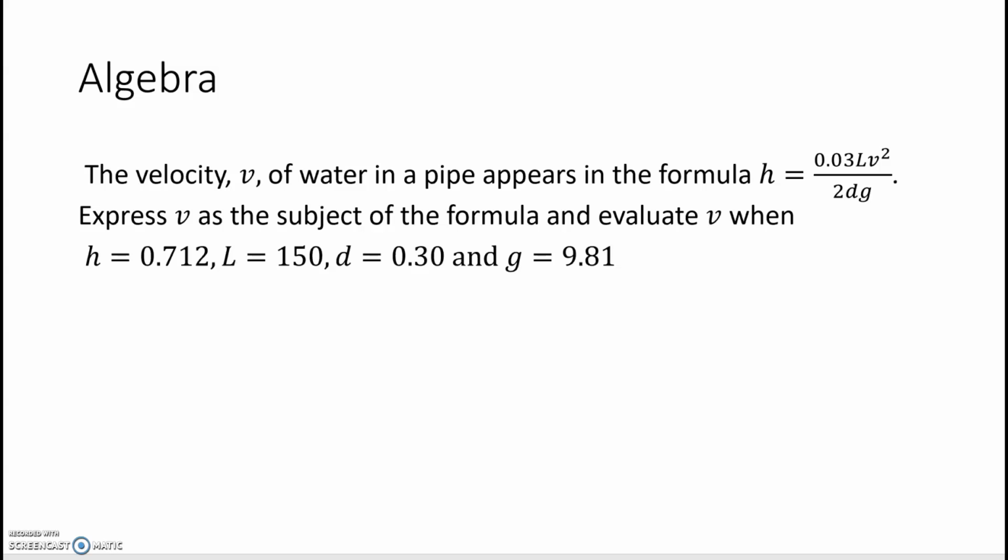The last question, should be able to get it in. We need to rearrange the formula that we're given to find V. I'll leave that to you to do on your own.